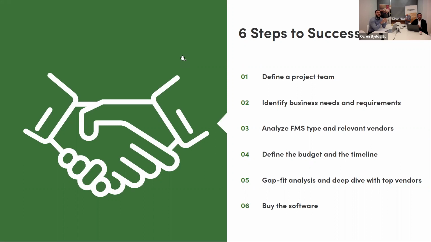After that, defining the budget and the timeline for the choosing as well as for the implementation. Then a deep dive with the top vendors, making sure that you communicate the gap-fit analysis and properly select the vendor, and in the end covering contractual terms and making sure that you are ready to buy the software. So these 6 steps are essential in the process of selecting farm management software.